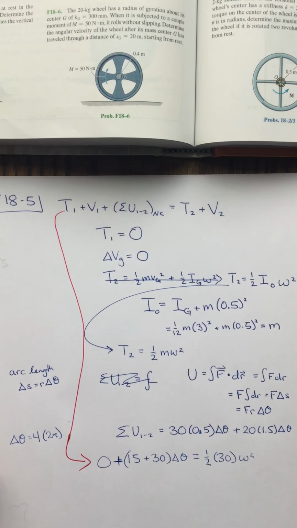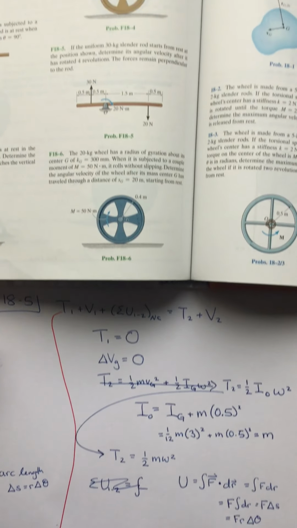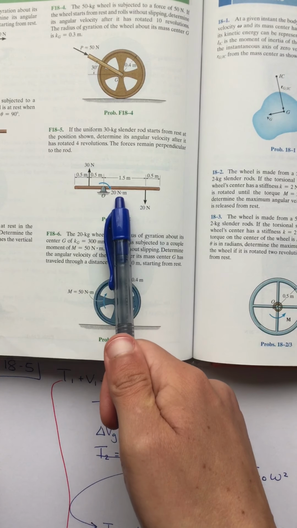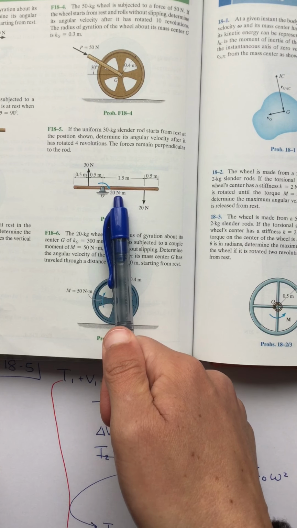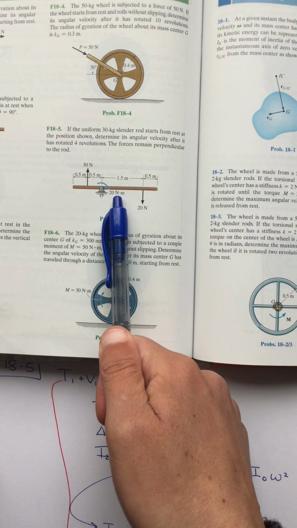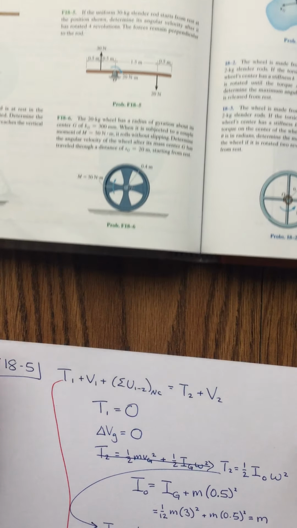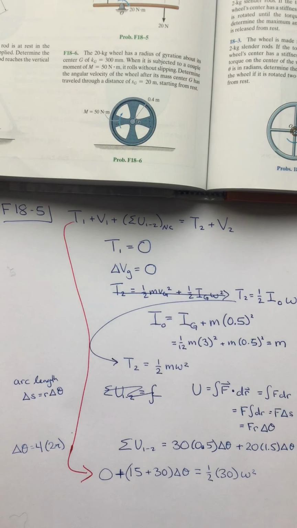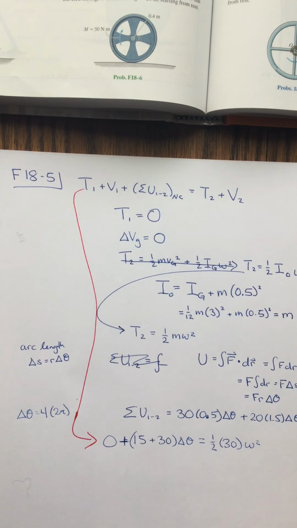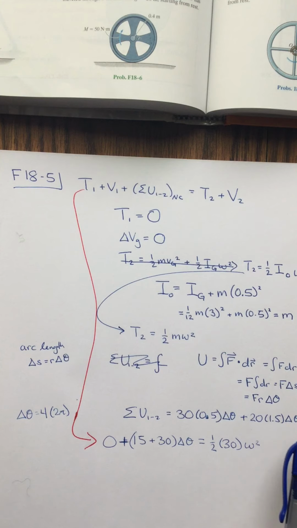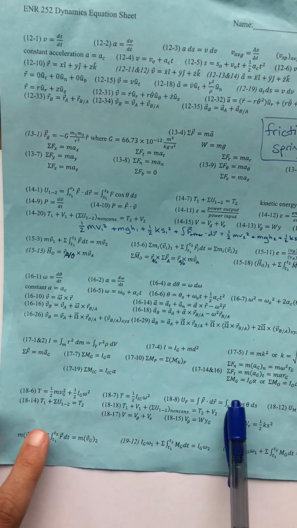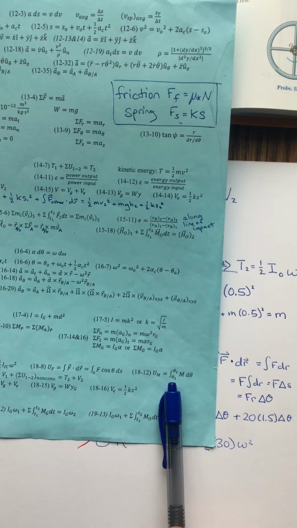Oh, wait. I missed this. In the problem here, we have a 20 Newton meter couple moment. So I also have to find the work done by the couple moment. This was the sum of the work done by the two forces. Then for the couple moment, we use the equation here.